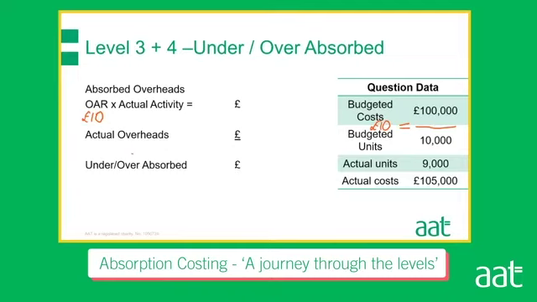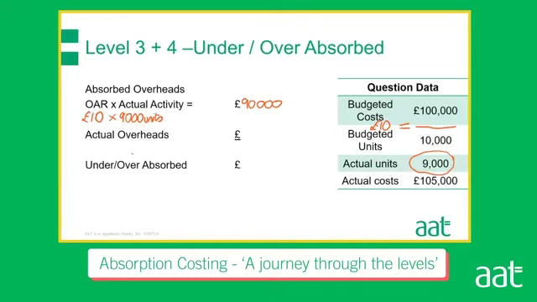So my absorbed overhead then is £10 times the actual level of activity I've achieved. Now here, my actual units I've managed to provide in the period are 9,000. 9,000 times 10, £90,000 of overhead I have absorbed. Now let's start putting a bit of a different slant on what this is. Look at that as an allowance.